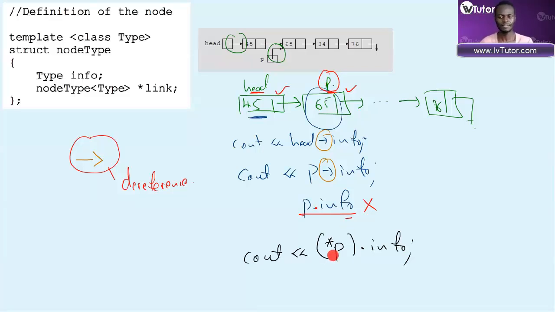So this syntax is a bit clumsy. A shortcut to doing this is to simply go p->info. This operator here, your hyphen and your angular bracket, allows you to dereference a pointer and then call a function or a value if it's a complex object like a class or a struct and so on.